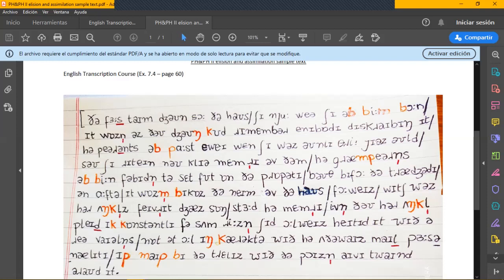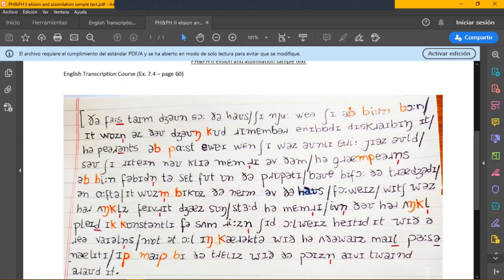And after that, the final voiced alveolar plosive sound has been assimilated into the voiced bilabial sound because it's under the influence of this later sound that I mentioned.